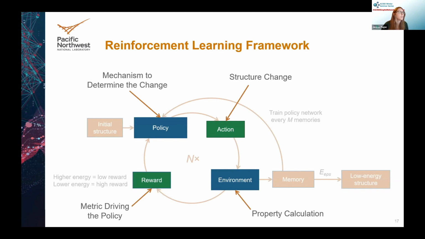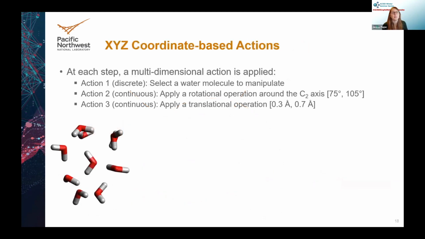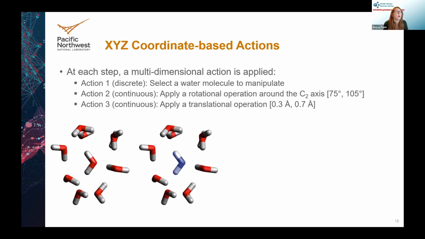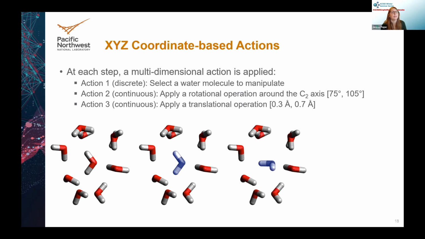So what are the moves we can make? For the initial implementation, we're making just a series of very simple moves. First, the policy chooses a water molecule to manipulate, just one for now. And then it chooses a rotation about the C2 axis.